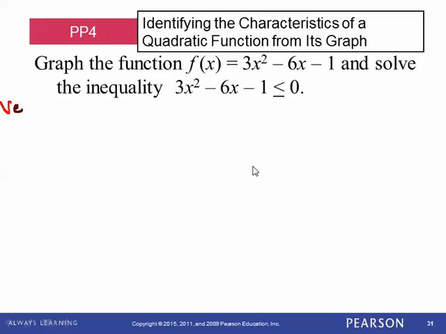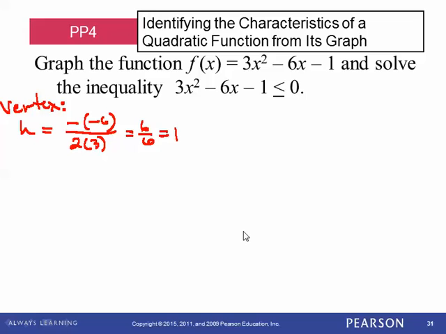The vertex is probably the most important point here. So h is equal to negative b over 2a, which is the negative of negative 6 over 3 times 2. Let's see, 6 over 6, or just a 1. Cool, our h value is 1.